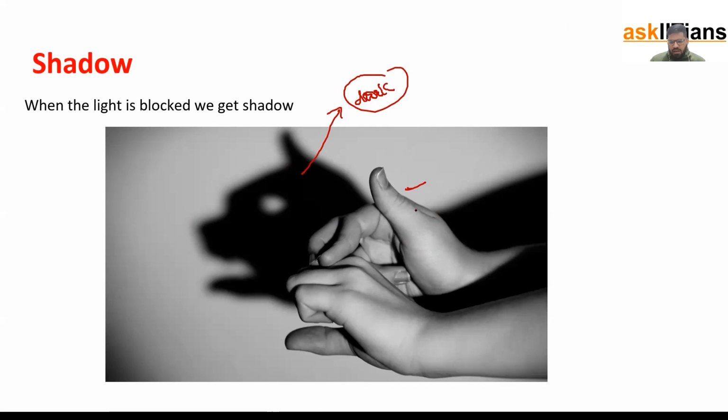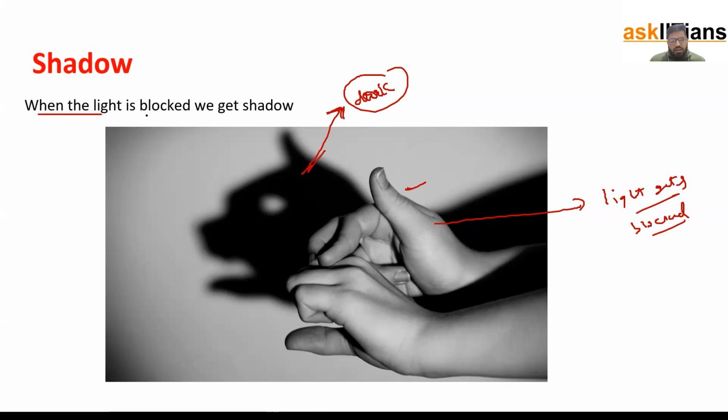In whichever part the hand is there, the light gets blocked, so you will not be able to see that part, and the only thing remaining is the darkness behind the hand.